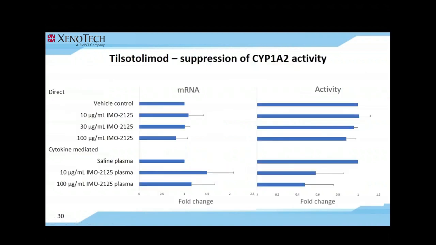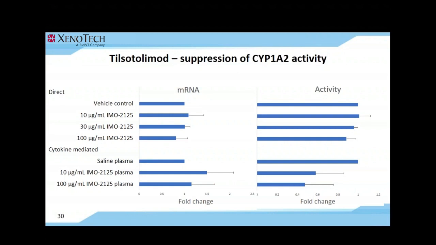Effects of the drug on the mRNA are presented on the left-hand panel of this slide, and the effects on the enzyme activity are presented on the right. In this discussion, we call an increase over 50% an induction and a decrease of over 50% a suppression.